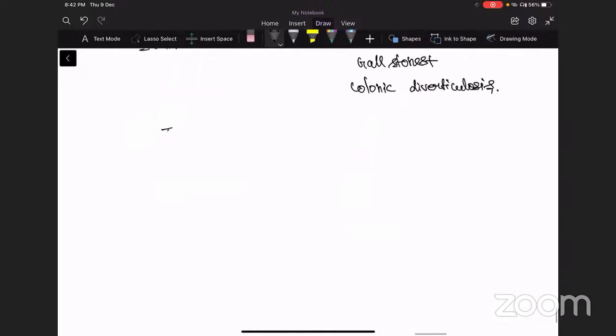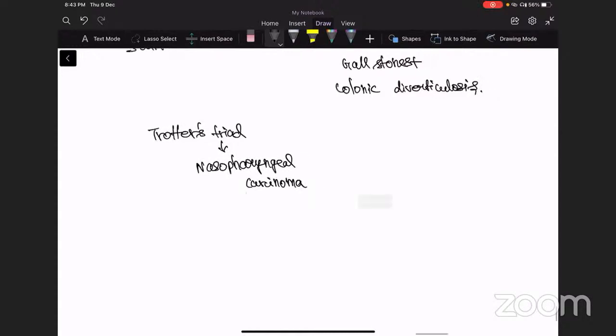And we have Trotter's triad, ENT. Can anyone tell me, Trotter's triad is seen in which cancer? Seen with nasopharyngeal carcinoma.